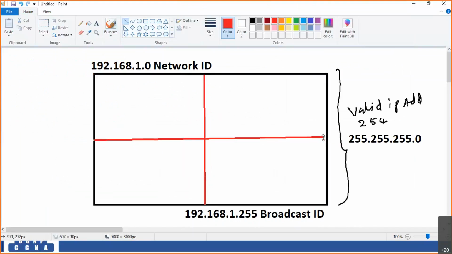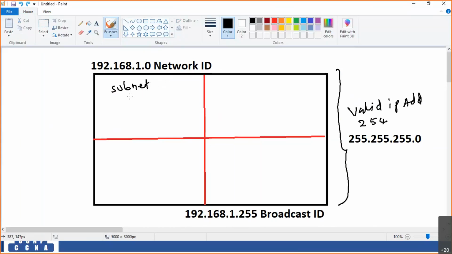If we divide into 4 parts, then each block we call a subnetwork. It is not a network now. It's a subnetwork. In short form, we call it subnet.